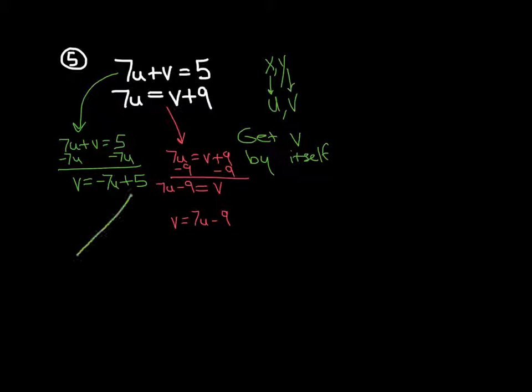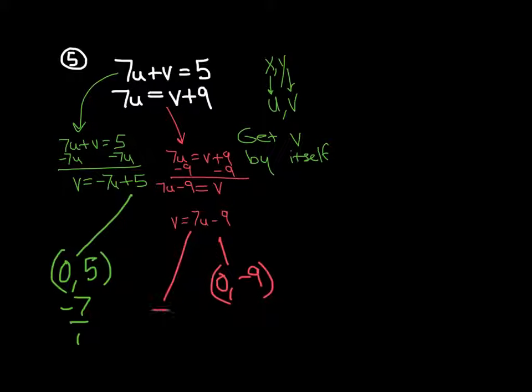So in this case, goes through 0, 5, and the slope is negative 7 over 1. On this one, goes through 0, negative 9. Let's do that in a different color. And the slope is 7 over 1.